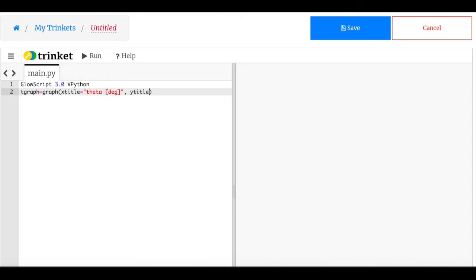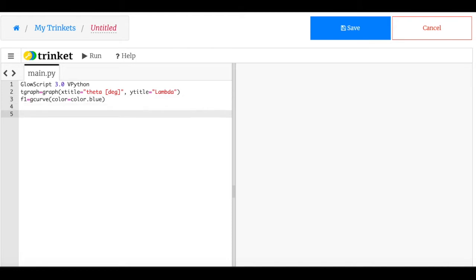Y title is equal to, let's just say, lambda. Okay. F1 equals G curve, color equals color.blue. So that first line makes the axis with the labels and stuff, and the second, F1, is the actual plot.